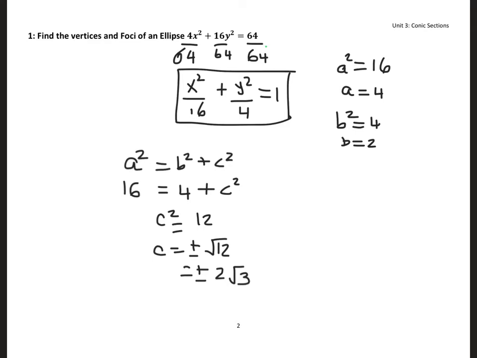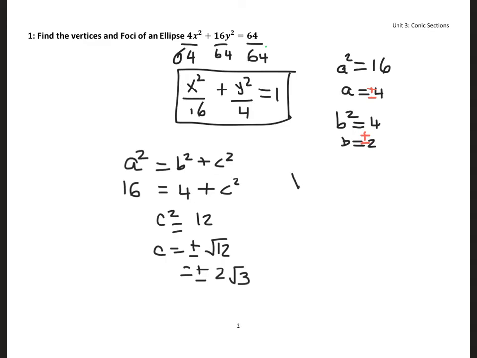Something else you also need to remember here, there should be plus or minus, and this also should be plus or minus. So what does that mean? Let's get all the information we need.